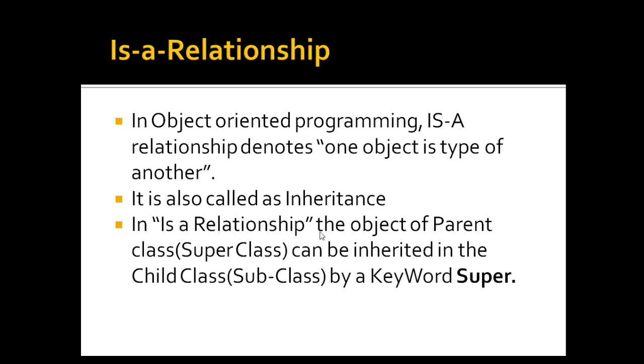An is-a relationship is also called inheritance. In an is-a relationship, the object of a parent class can be inherited in the child class by a keyword known as super. The parent class is also known as the superclass and the child class is also known as the subclass.